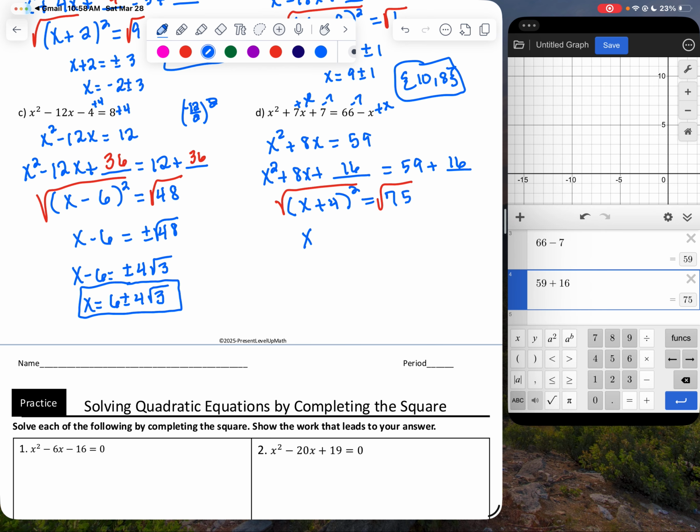So this would give me x plus 4 equals, the square root of 75 will simplify to plus or minus 5 square root 3, and then subtract 4 from both sides. Final answer. And that concludes today's lesson, solving quadratic equations by completing the square.